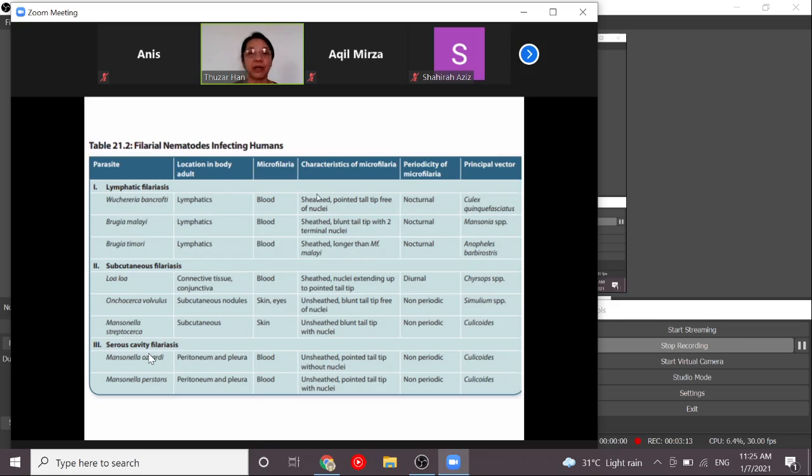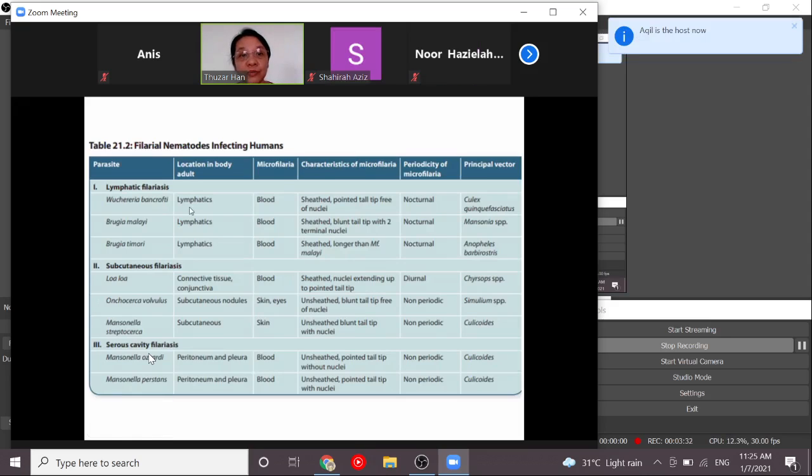So why is the filaria topic included under the hemobiotic system? Because of the presence of microfilaria larvae in the patient's blood, not because of the adult worms. Male and female adult worms live in the lymphatic system.